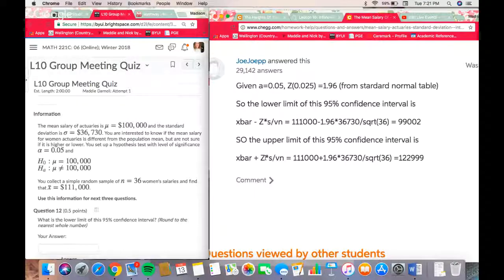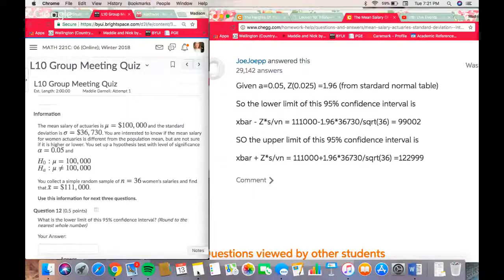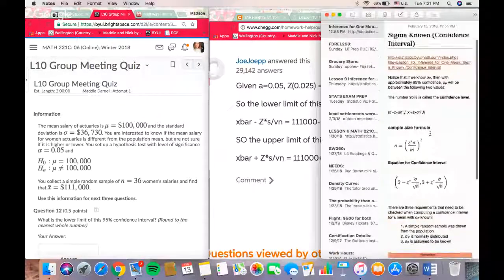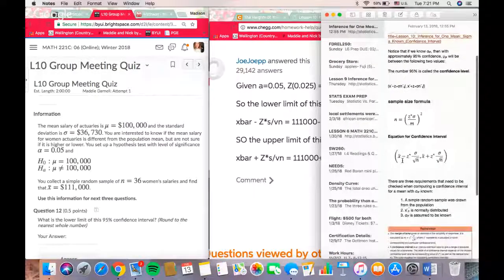I also don't know, because these formulas are getting more and more intense. I think I have it written down in my notes too. Equation for confidence interval. Look at how long that is. That's a lot.